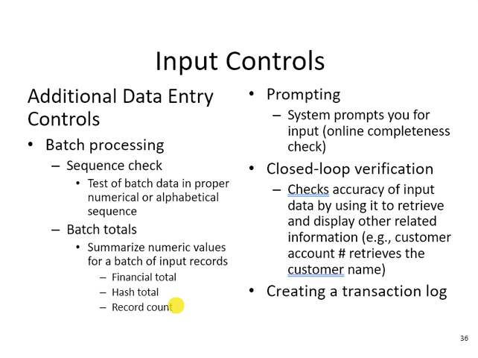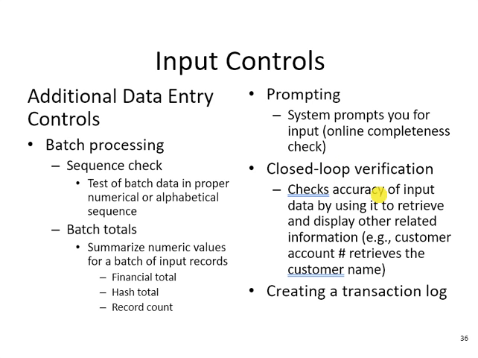Right, there are some online data entry controls. For example, prompting, right? The system is going to prompt you for input. There's some online completeness check, right? And we also have closed loop verification.